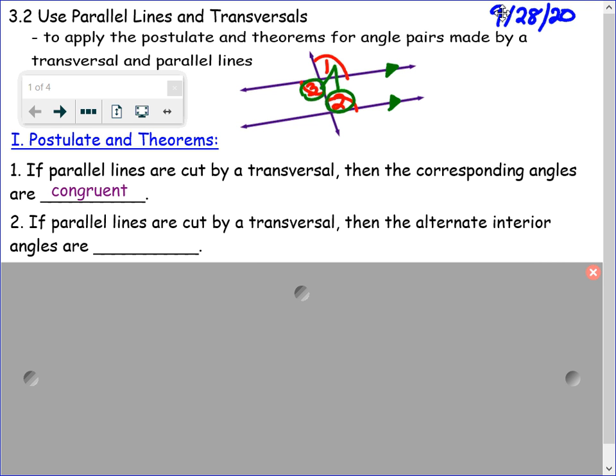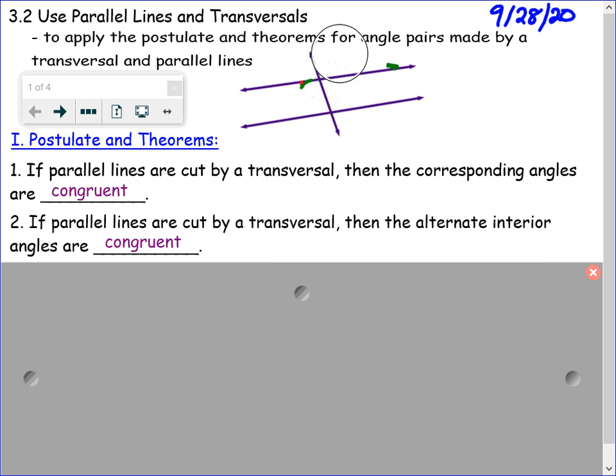If parallel lines are cut by a transversal, then the alternate interior angles are congruent. So angles 1 and 2 were congruent because they were corresponding, and now angles 3 and 2 are congruent because they're alternate interior. Remember, postulates and theorems are shortcuts, and that's why I can shorten it down to that. Because it's a theorem, it's a shortcut.